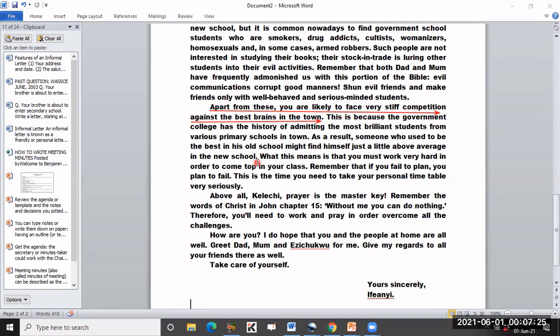So you are stating the problem because entering this government college, you are going to meet other brilliant boys from other places. So if you don't work hard enough, you might even come last in your class. Whereas in your previous school, you might be doing exceedingly well, being among the top 3 or top 10. If you face competition against other extremely brilliant boys from other places, you might begin to lag far behind. So that is a challenge.